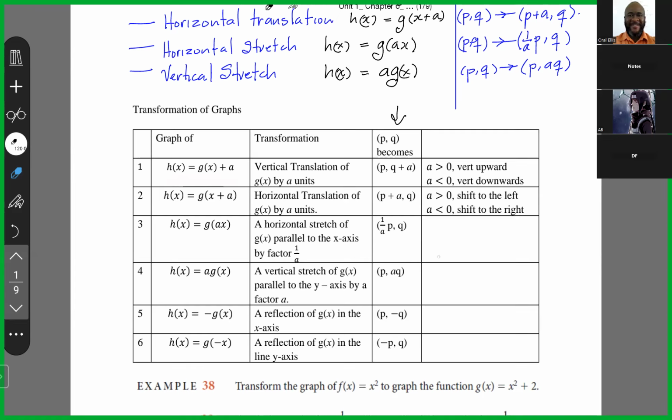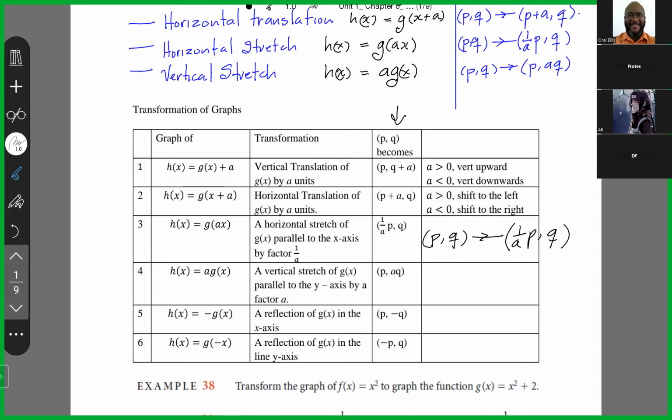So now in this type of transformation, the point P, Q is going to become the point 1 over a P, Q. In other words, the y coordinate remains the same, but the x coordinate either increases or decreases by a factor of 1 over a. A lot of this will be made, let us say, 100% clearer when you actually do an example.